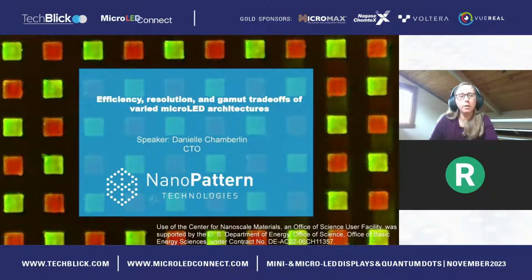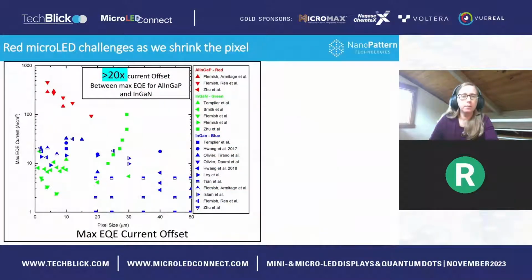And so to do that, we have done an analysis, a literature survey of latest results across the industry on the efficiency and properties of direct RGB architectures. And there's a few challenges that we see, especially for red microLEDs, as we advance microLED architecture and go to smaller and smaller pixel sizes.